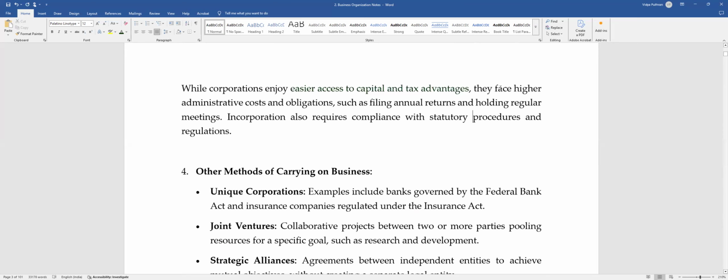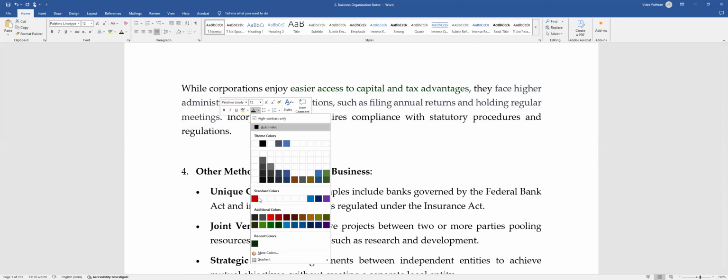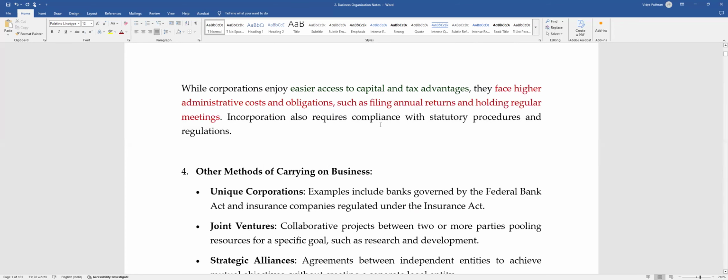But it faces higher expense and higher administrative cost. You have to hire a lot of people for the work and the obligations, filing taxes and returns, you have to do all of this yourself. And incorporation also requires compliance with the statutory procedures and regulations. So if they say this is the rule, then that is the rule. It is not like a partnership. Even though there is a partnership act, a lot of the rules can be negated in the contract. But here that liberty is not there.